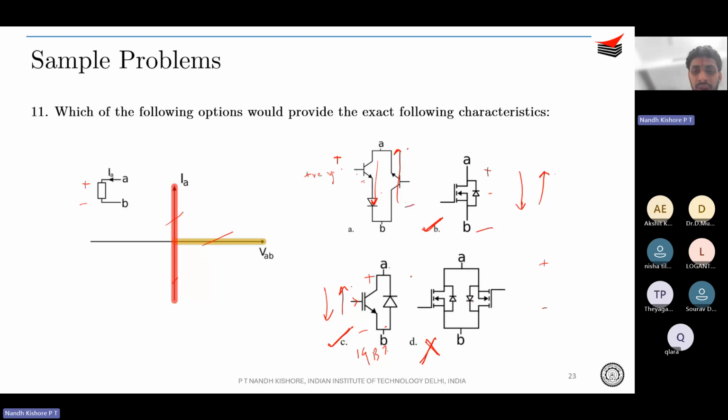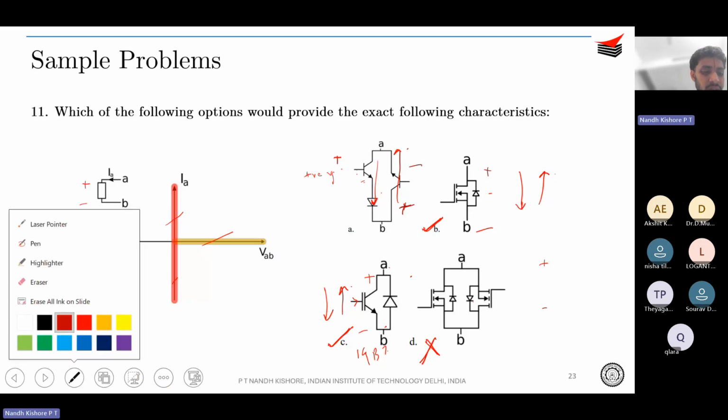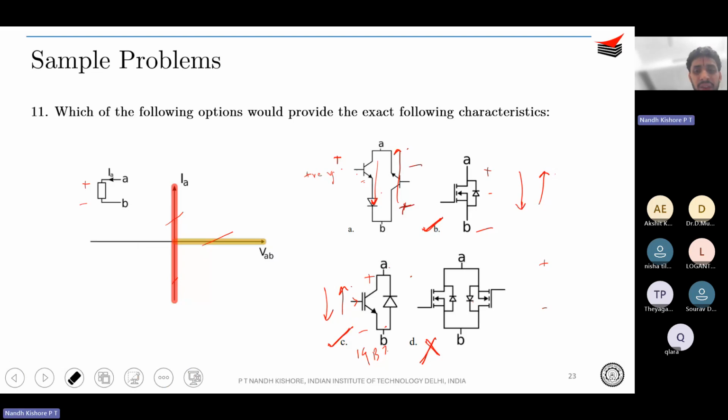This is also possible. So this is a bidirectional switch. So A is not a solution, because it can block bidirectional voltage. So the options are B and C. That is, B is essentially a MOSFET, and this is basically an IGBT.